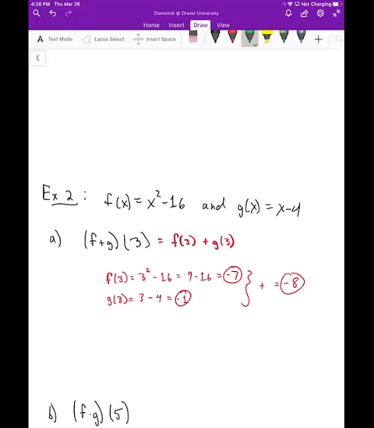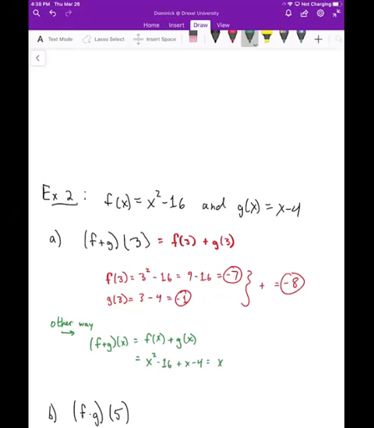Another way you could do it is to first find f plus g of x and then plug in 3 later. So if we just find f plus g, we'll get x squared minus 16 plus x minus 4.